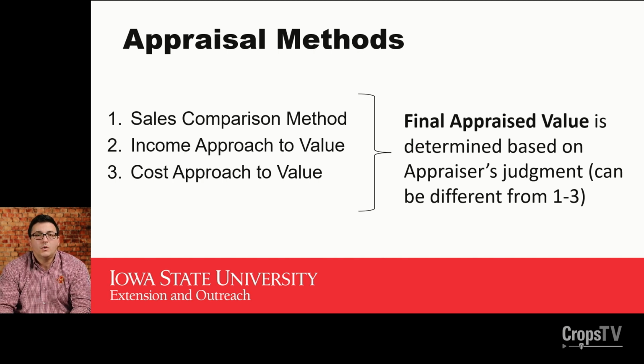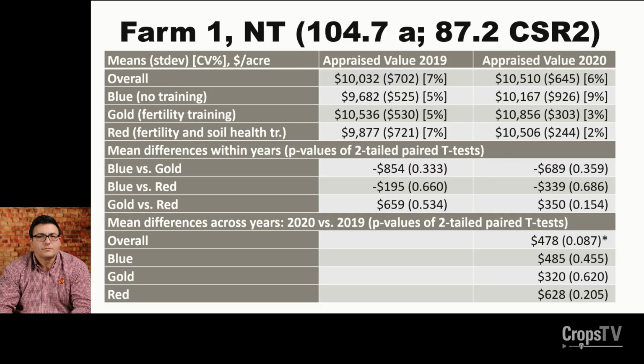And they all included a sales comparison method, an income approach to value, and a cost approach to value. Those are 3 ways to look at the same property, the same farmland, and at the end, the appraiser makes a final decision on what the appraised value is based on his or her own judgment, and it can be different from the 3 previous numbers.